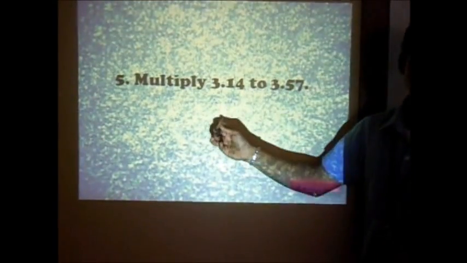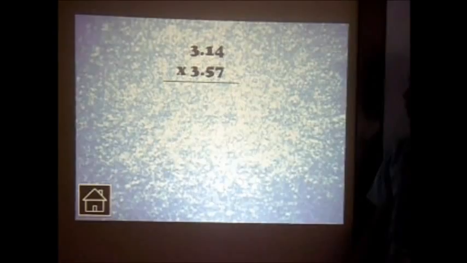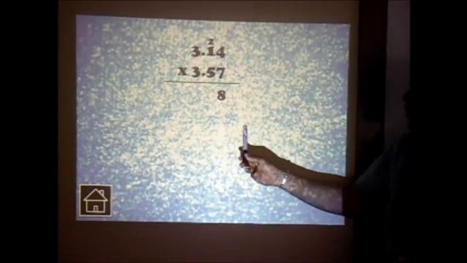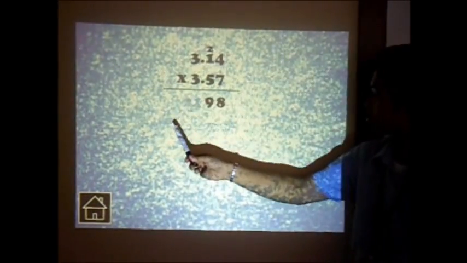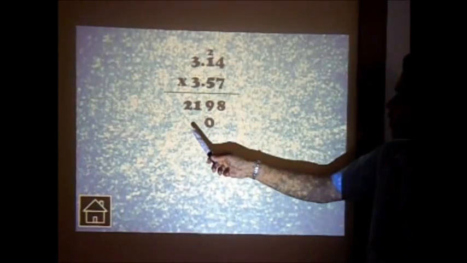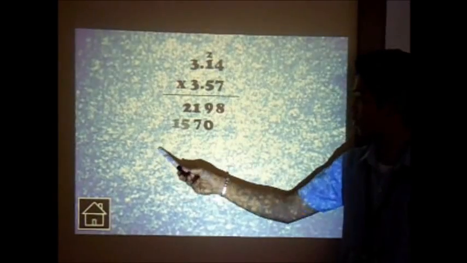You proceed to the multiplication itself and count the number of decimal places. So here it is. 7 times 4 is 28. 7 times 1 is 7 plus 2 is 9. 7 times 3 is 21. 5 times 4 is 20. 5 times 1 is 5 plus 2 is 7. And 5 times 3 is 15.